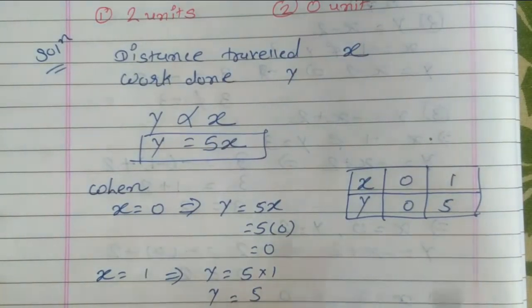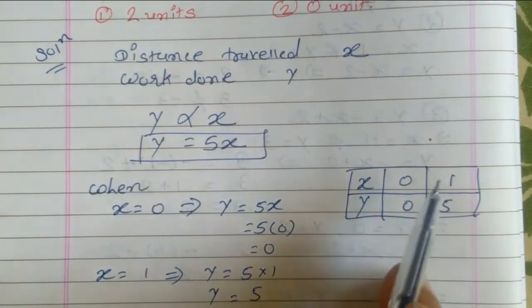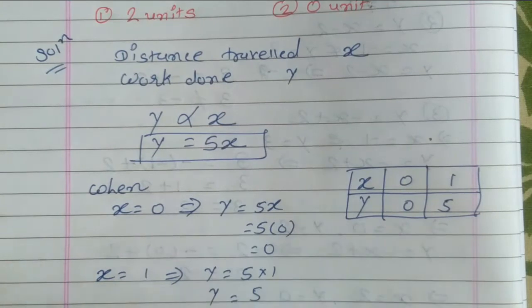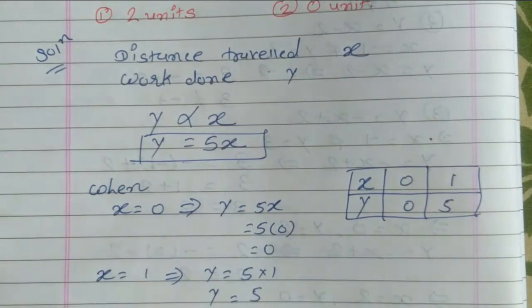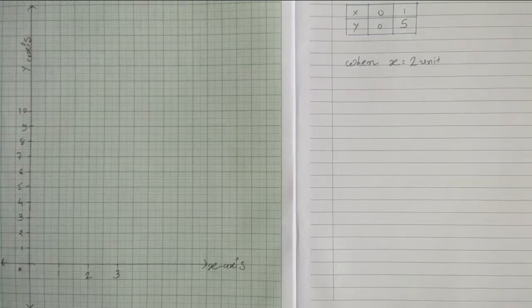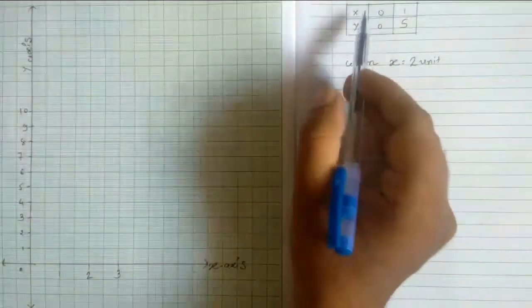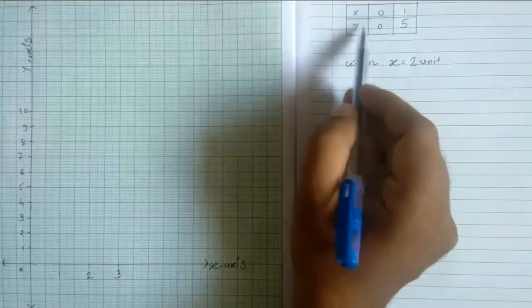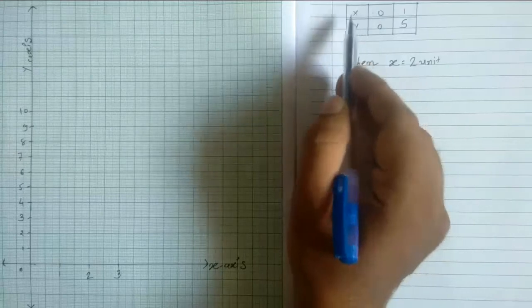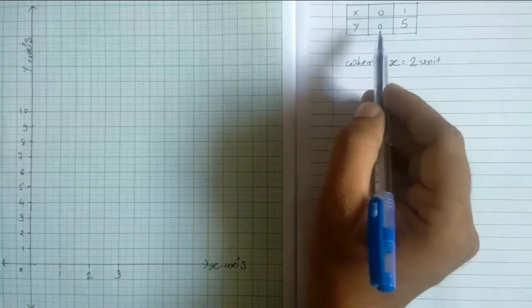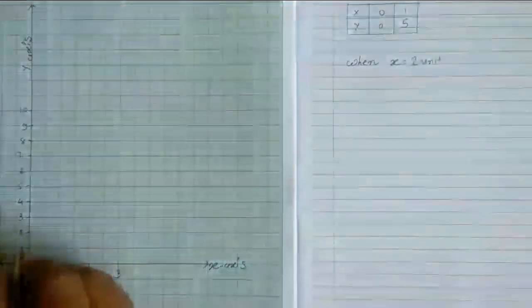So now we have two coordinates, (0, 0) and (1, 5). Let us see on our graph paper. Here we can see that when x is equal to 0, y is equal to 0. That means our first coordinate is on our origin.